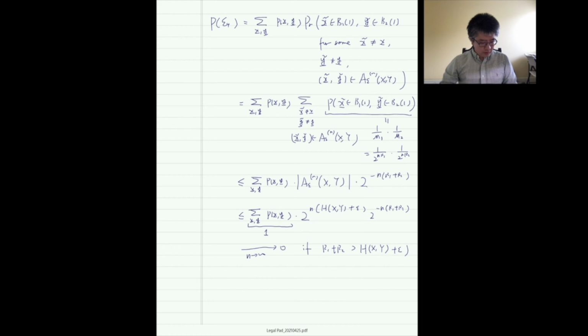Okay, very good. And then we can see this goes to 0 when this is satisfied. And so now we have all the three conditions, the boundary conditions. And by doing that, we finish the proof here. So this is the achievability part. The important technique here is the random coding.